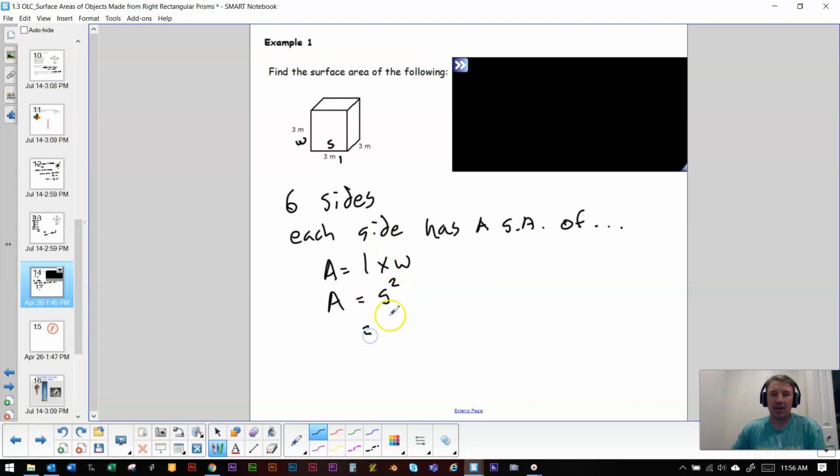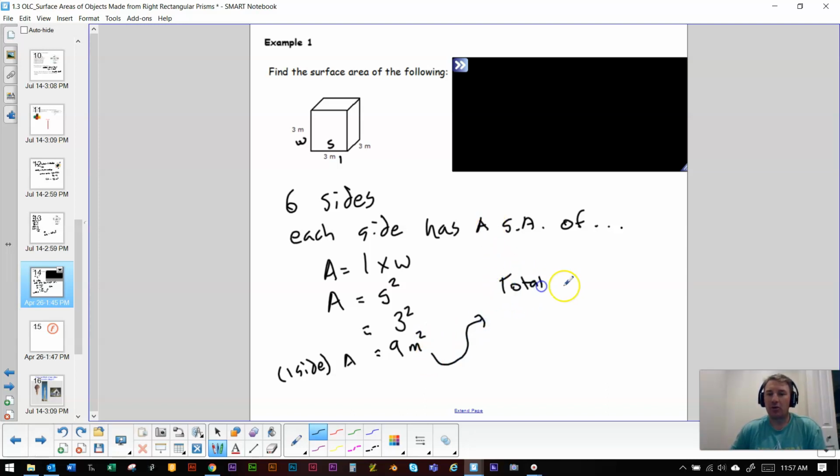So the area is going to equal, what did we say, 3 squared equals 9. Each side, so I'll just put one side here. The area equals 9 meters squared. Now, I'm just going to draw an arrow, because I don't know if I'll have enough room there.